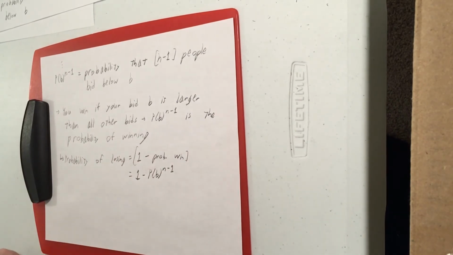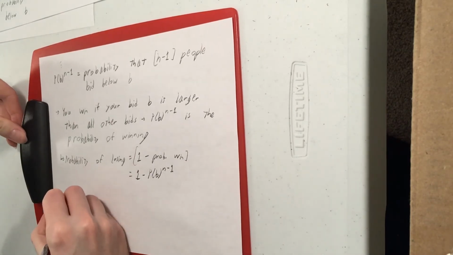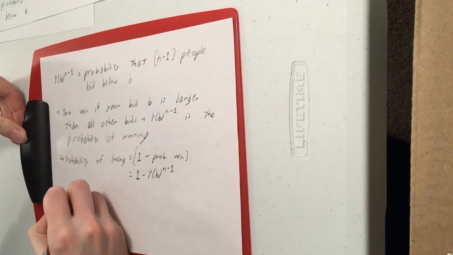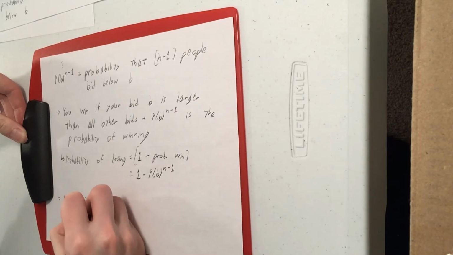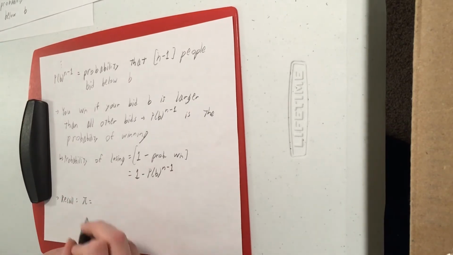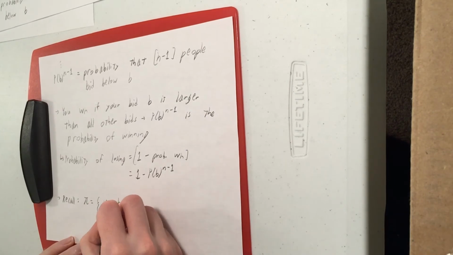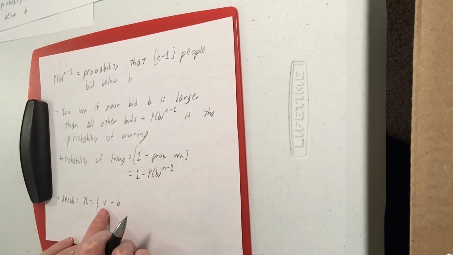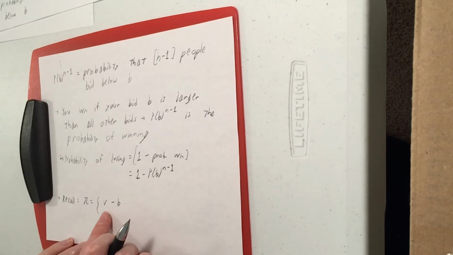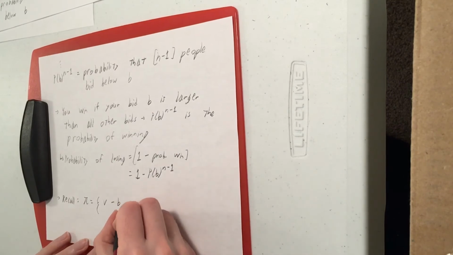So now I'm going to set up the expected payoff. We said if you win the auction, you get V minus B. You get the object, which you value at V, and you pay your bid B. So this is what you get overall.